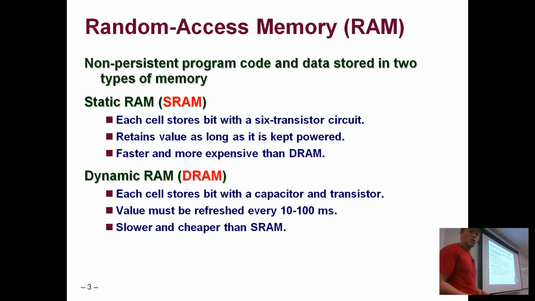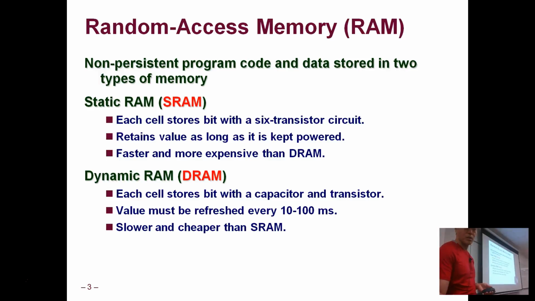Okay. So when we talk about storing data in memory, we typically talk about random access memory. This is non-persistent memory, used to store your code and your data. There are two kinds of RAM. There's static RAM and there's dynamic RAM.